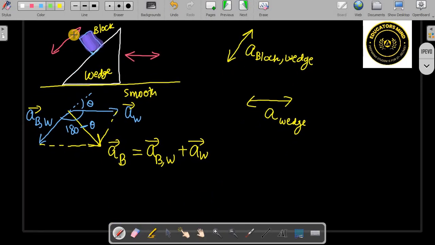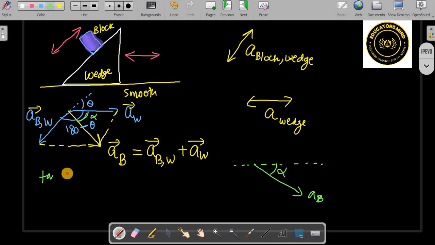Now let us say this is the actual acceleration of the block with respect to the ground. The actual acceleration of the block is, let's say, making angle alpha with the horizontal. We don't know what alpha is, but of course from here we can calculate that angle alpha.